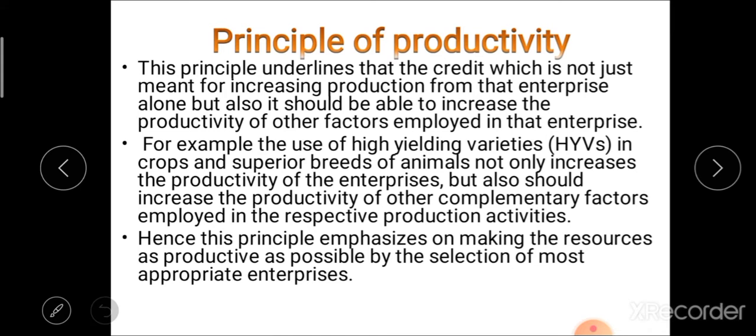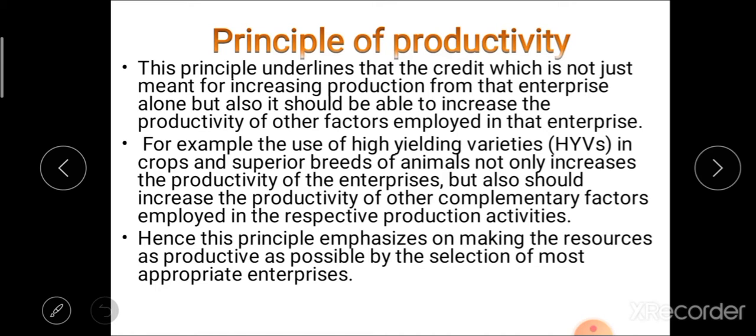After that, third P, that is principle of productivity. Whatever credit is used to produce income, in combination with other resources, increases the productivity of that particular loan. This principle underlines that credit is not just a means for increasing production from the enterprise, but it should also increase the productivity of other factors employed in that enterprise.